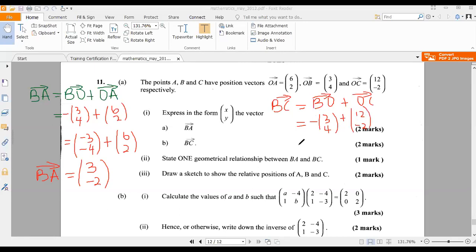So remember that the negative affects both up and down. So we get negative 3 and negative 4. Then what we do here, we add it to the 12 and negative 2.